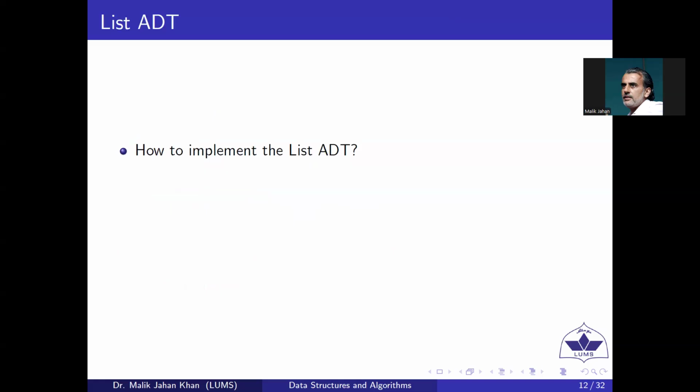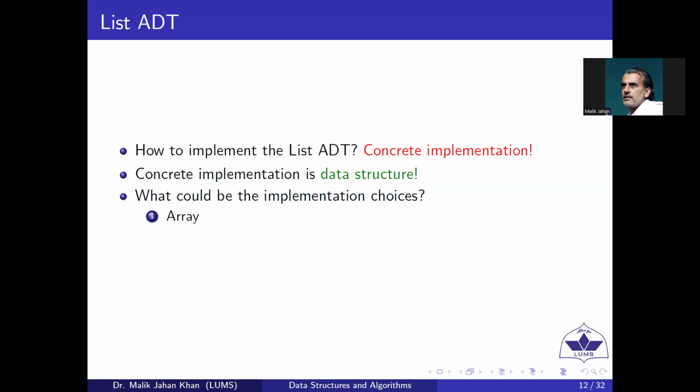The question is how to implement the list abstract data type. In data structures, or in programming, or in Java or many other languages, when we think of concrete implementations, we have two major choices. There could be many choices, but there are two important choices which we are going to discuss. The first choice is called array, where we use a backend array in Java to implement a list.